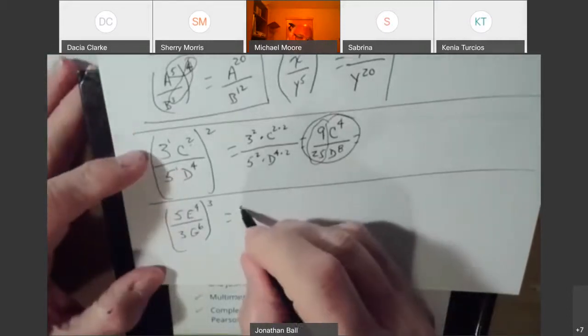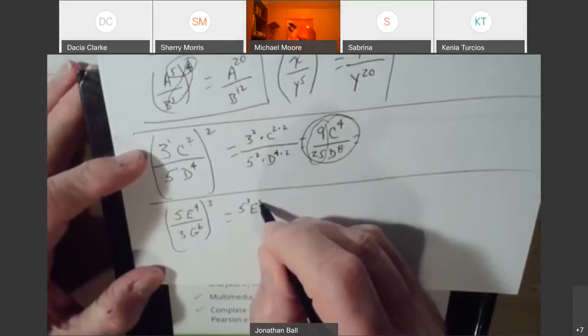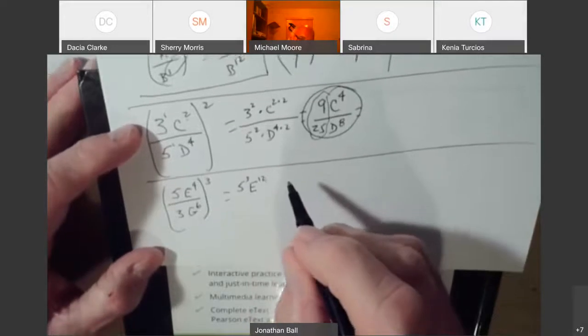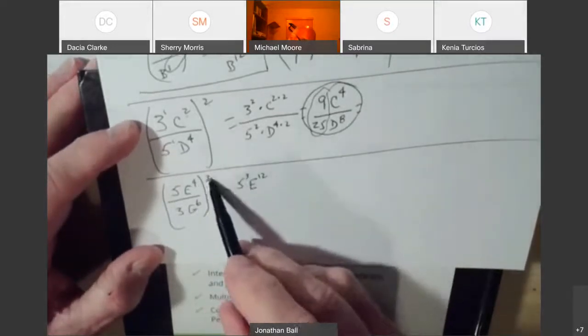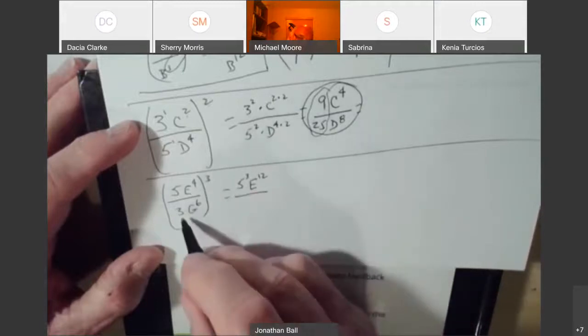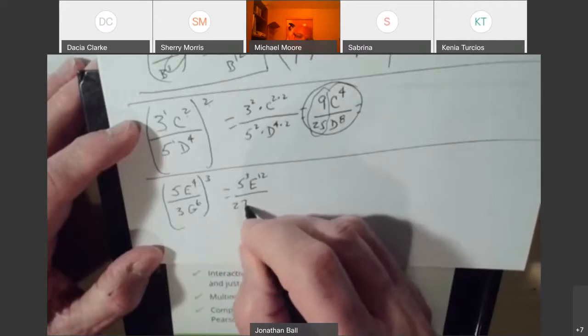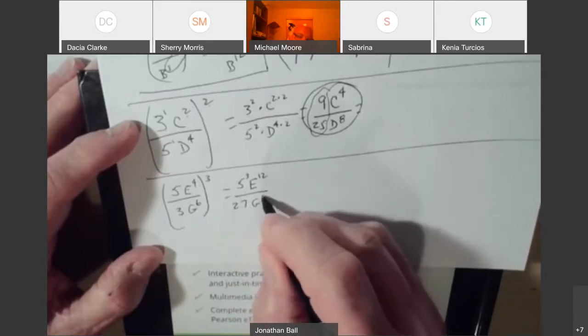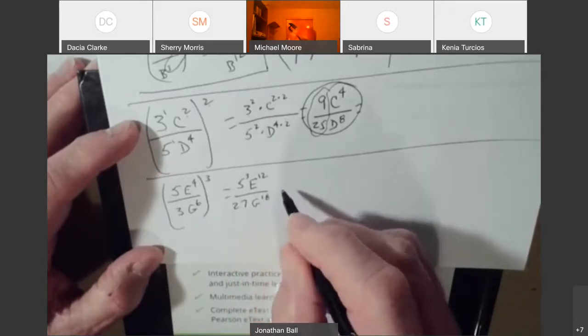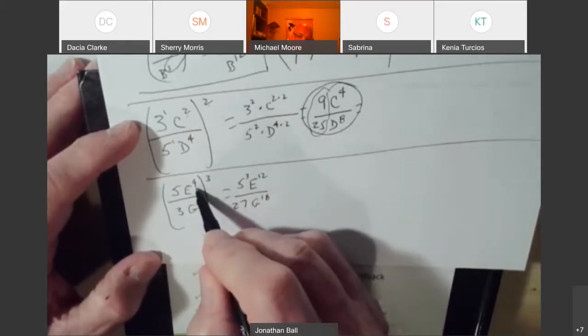So this is going to be 5 cubed, e to the 12th. We're going to multiply the exponents, over 3 cubed is 27, I think, g to the 18th. When you have a power raised to a power, you multiply the exponents.